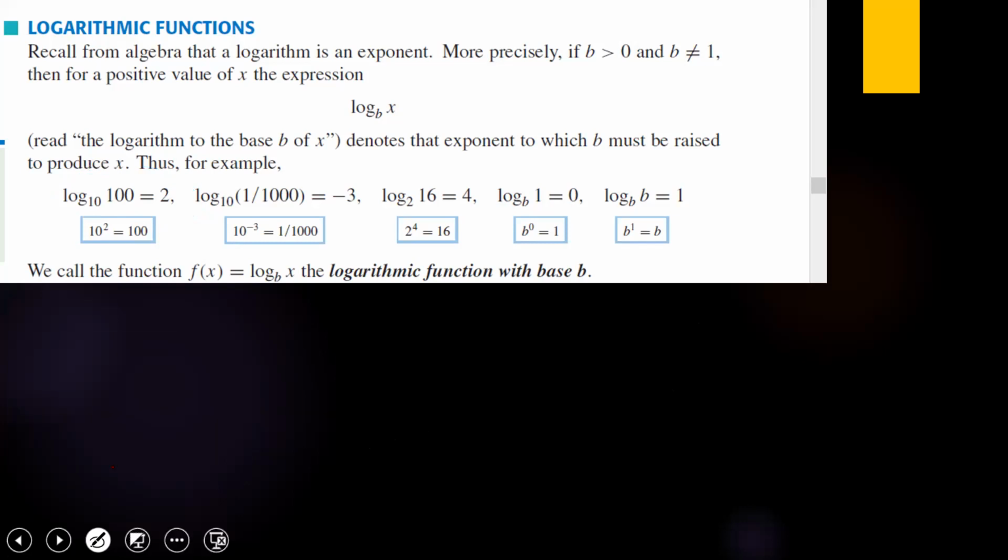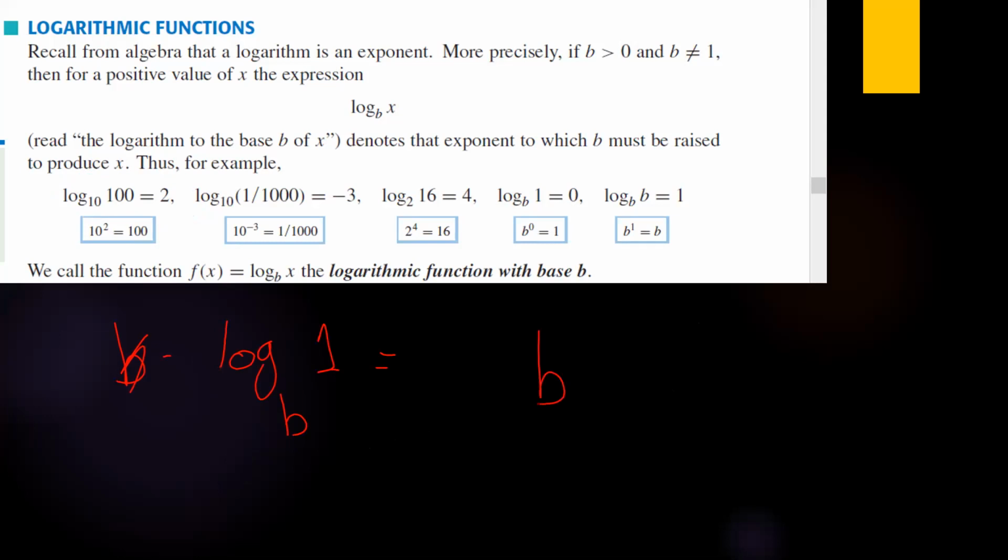Now, logarithm to the base b of 1. You have to ask yourself, what is the number that I raise b to, to get 1? How can I make any exponential equal 1?